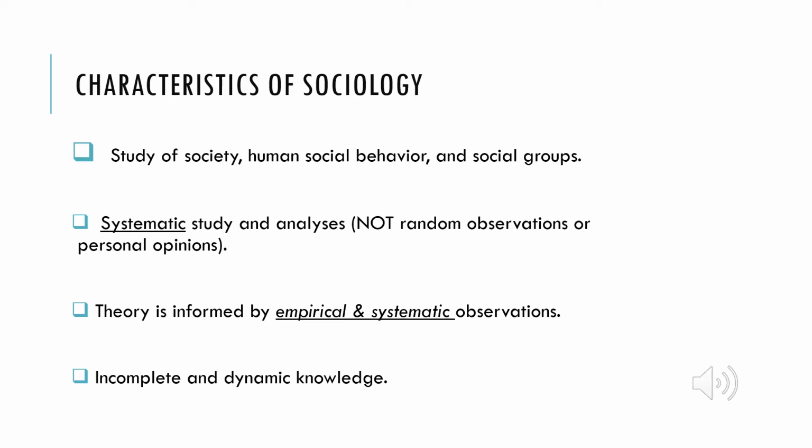Now, a complementary thing to consider is this next point here, that sociology uses theory, and we use theory that's informed by empirical, so something that's observable. That's what empirical means, and systematic observations. So the research and the theory work together.